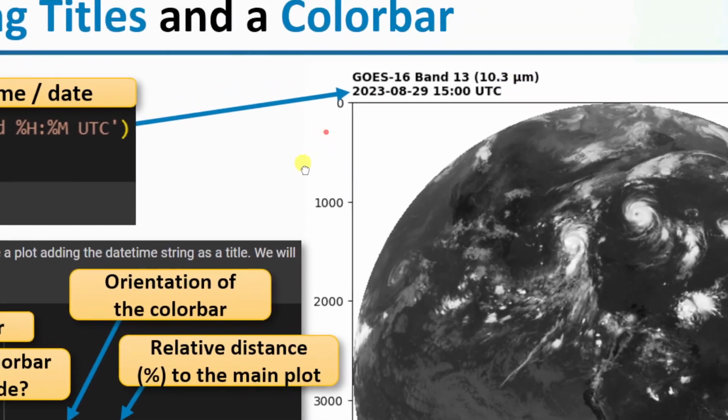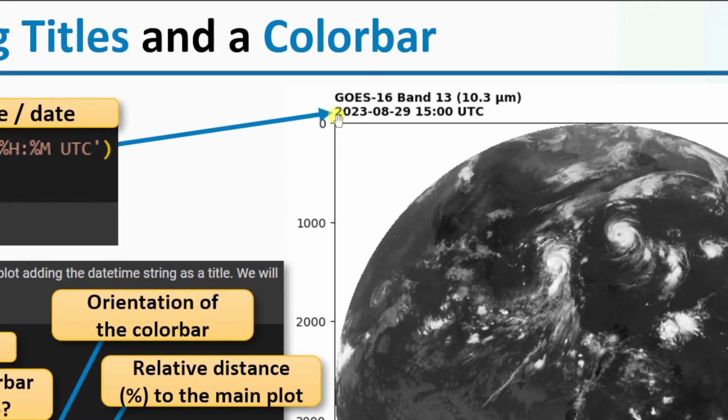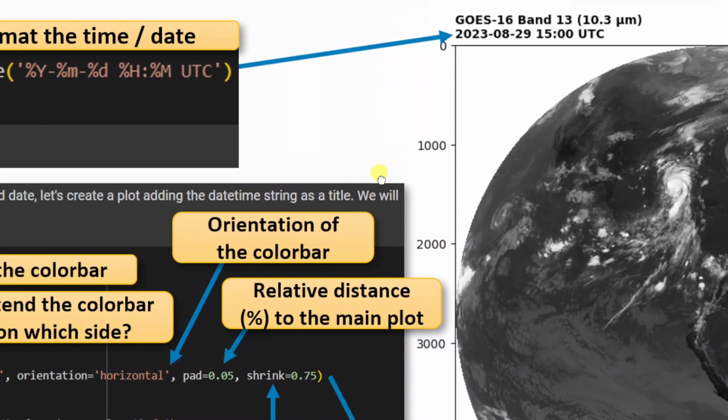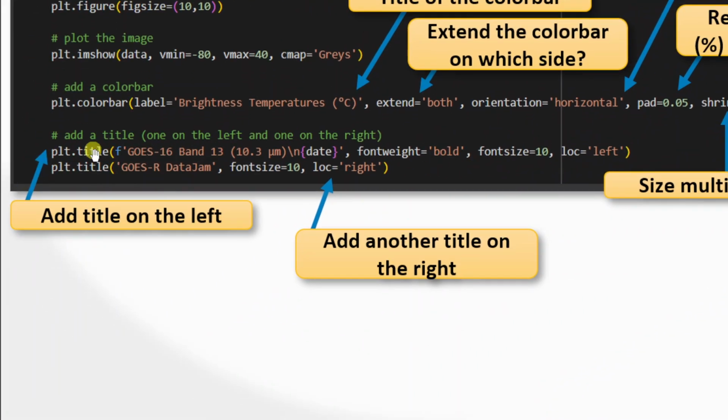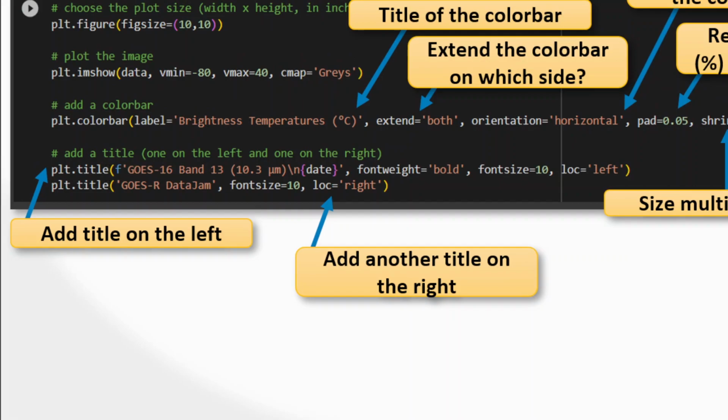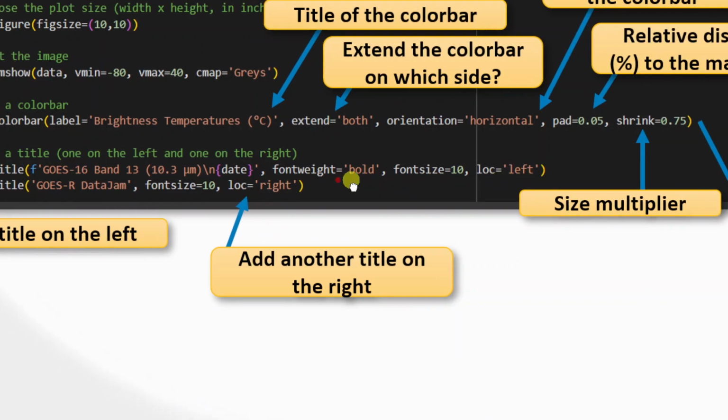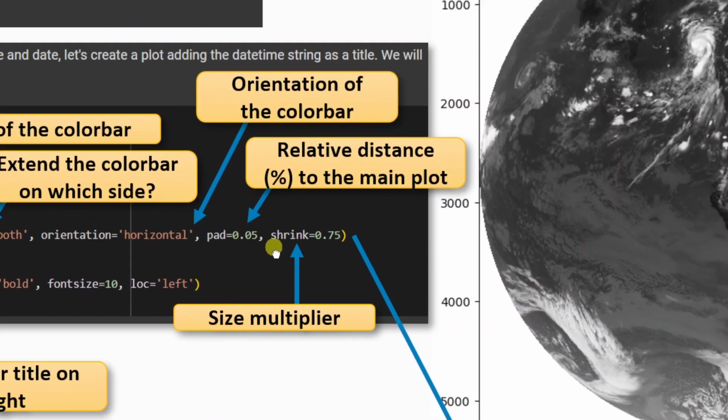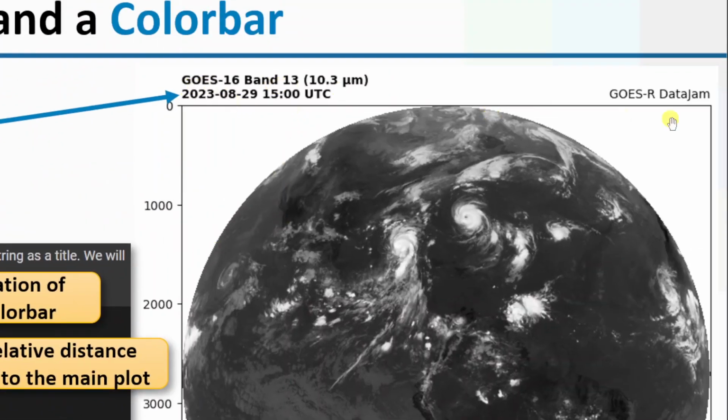Okay, so now that we have a string with the date, let's create some titles. And to create titles, we will use the matplotlib title command. I will add two titles, one located on the left and one located on the right, right?